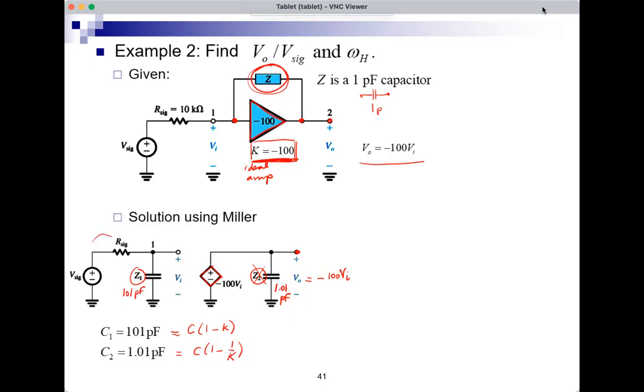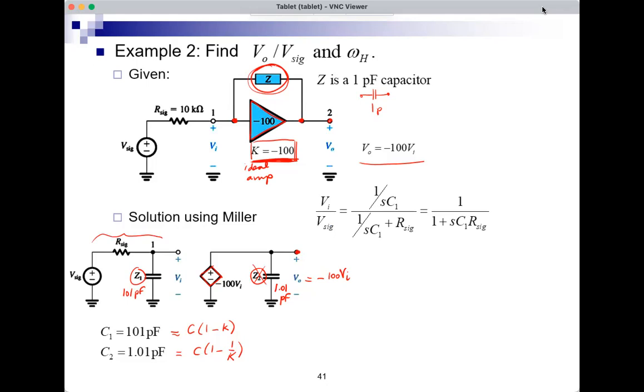And for the first part of the circuit, this is a very simple, nice RC low pass filter, the LPSTC. And we like those. They're now our very good friends. So for the input, I can say that VI over V sig is 1 over 1 plus S C1 R sig.